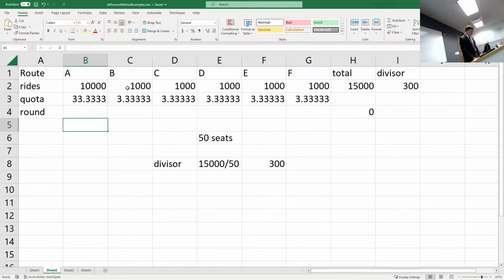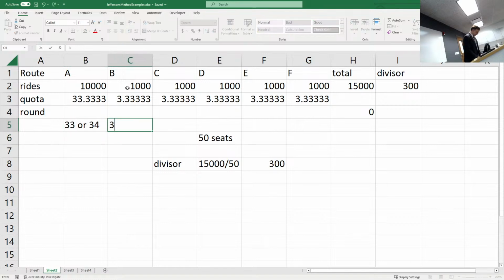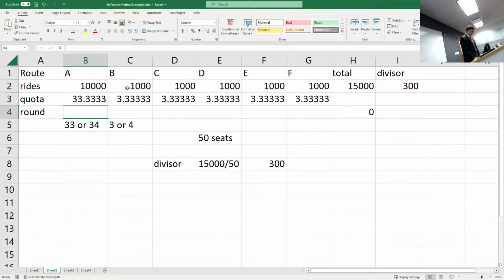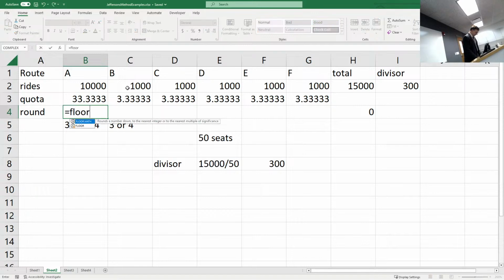What would be fair is for state A to get between 33 and 34 seats, according to the quota rule. State B would get 3 or 4, and all the rest of them would be 3 or 4. So now we can put back in this round down, what is this, the floor function?